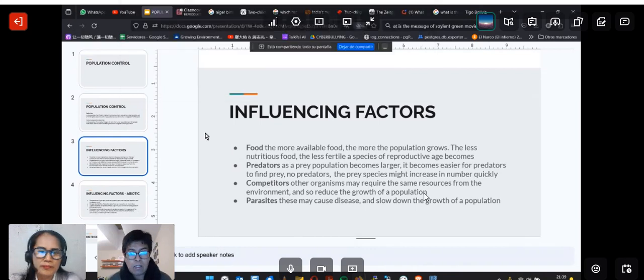Some of those factors are the food. So when there is food, this is not just for animals, but also for human beings. When you have available food, there is time to grow.